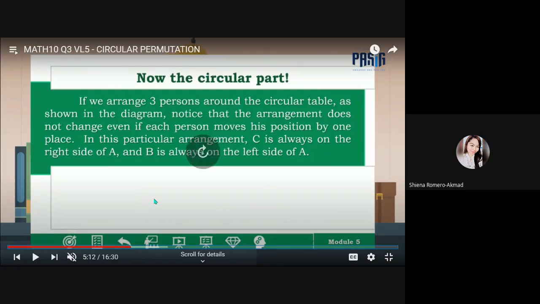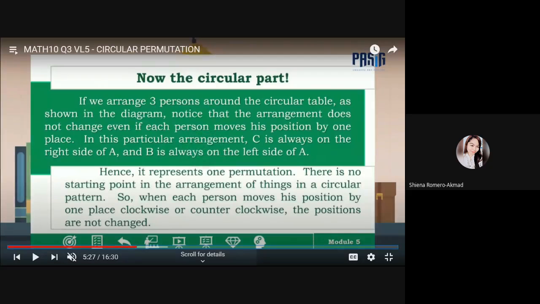Okay? Ano pa? Now, if you're going to look at the representation of the arrangement, hindi natin alam kung saan tayo magsisimula. We don't know where to start kasi circle siya. And if we have a circle, walang dulo, walang umpisa, right?